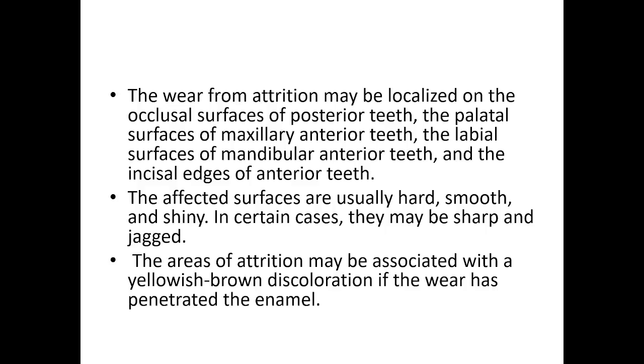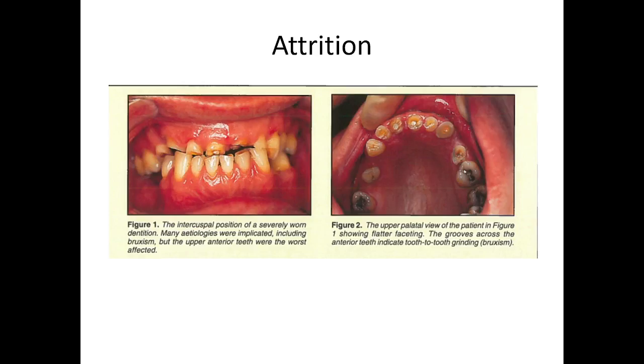The areas of attrition may be associated with a yellowish-brown discoloration if the wear has penetrated the enamel. Wear may also concern interproximal surfaces, leading to mesial drifting and broadening of proximal contact. This is a typical picture of a patient who has attrition.